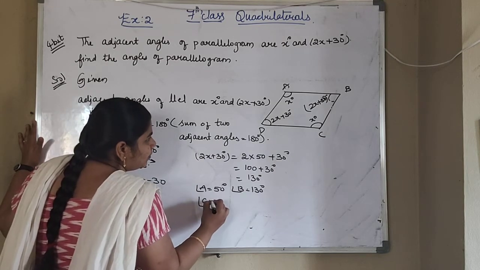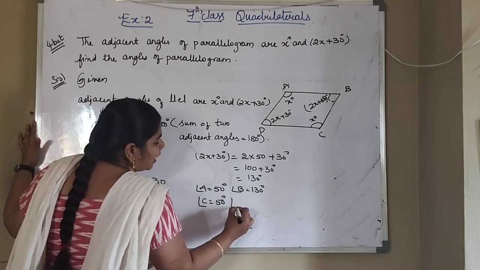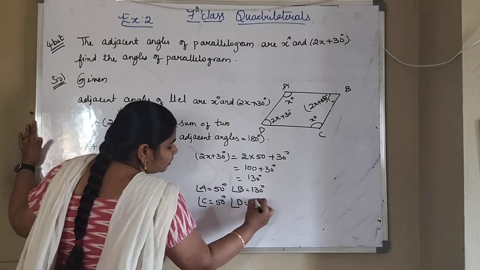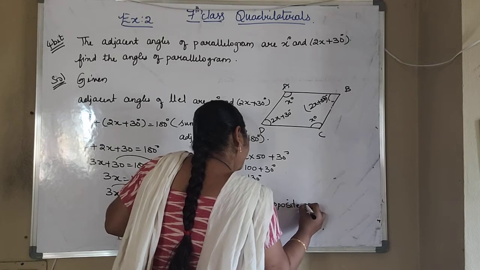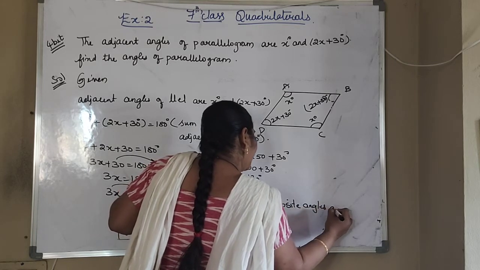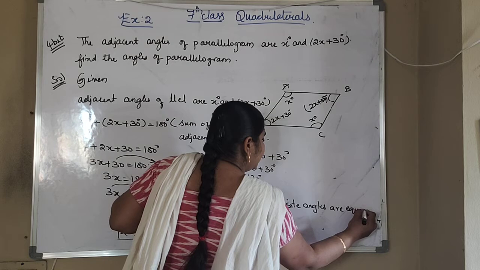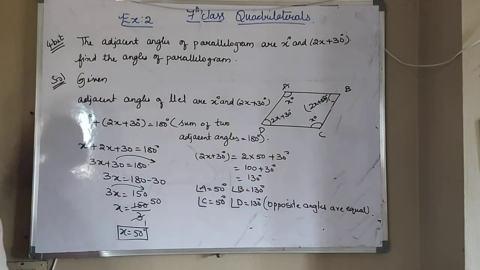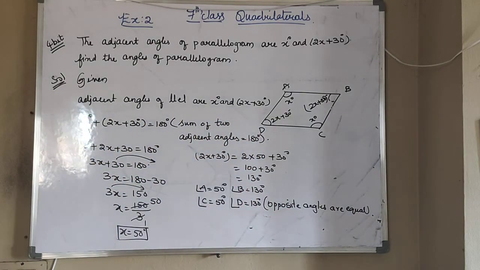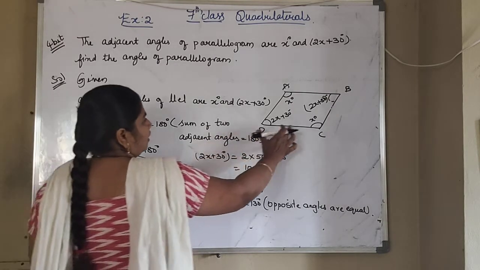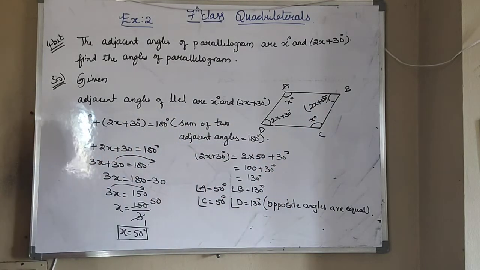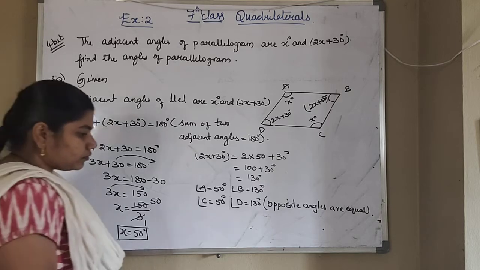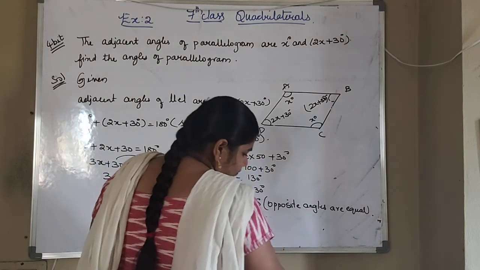So angle C will be equal to 50 degrees and angle D is equal to 130 degrees because opposite angles are equal. Opposite angles are equal to each other. So this is our fourth one. Next one.